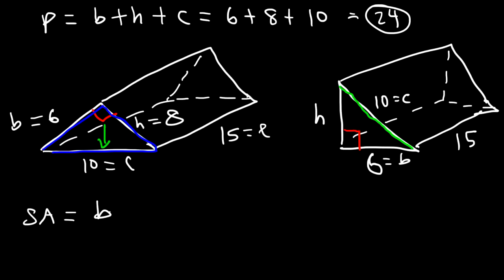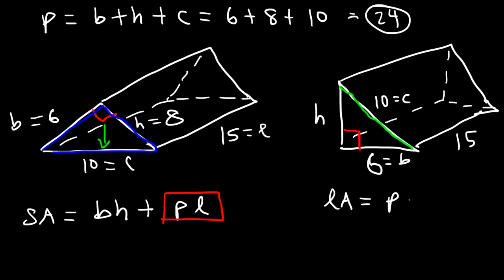So it's going to be B times H plus the lateral area, which is the perimeter times the length. By the way, sometimes you might get some problems that just ask for the lateral area, which is just P times L. So anytime you need to find the lateral area, just take the perimeter and multiply by the length of the base.